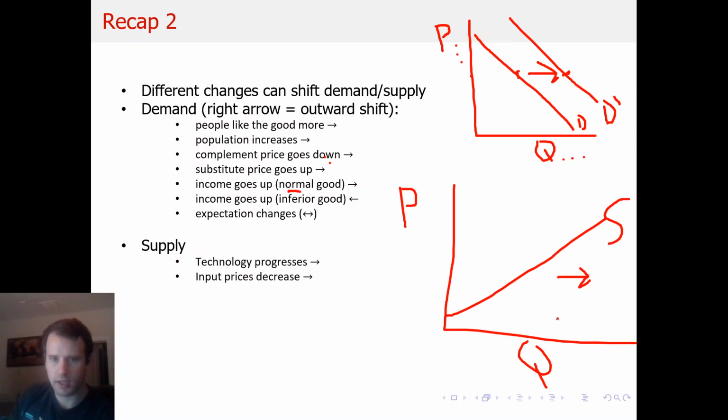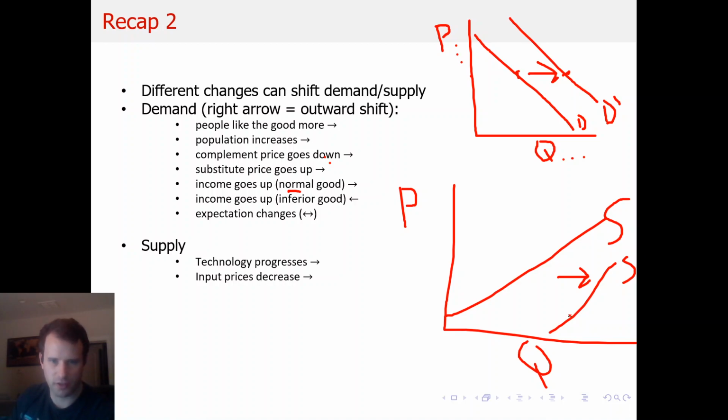So if I expect my costs to go down, or if my costs do go down, then I should be able to supply more, and more suppliers should enter the market. Remember that supply is basically a map of marginal cost. So if the marginal cost decreases, if the cost of producing units decreases, then the supply will shift outwards.